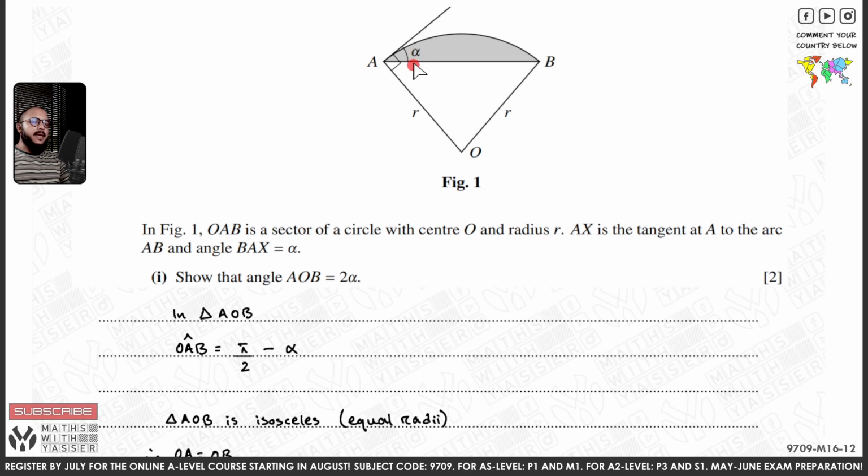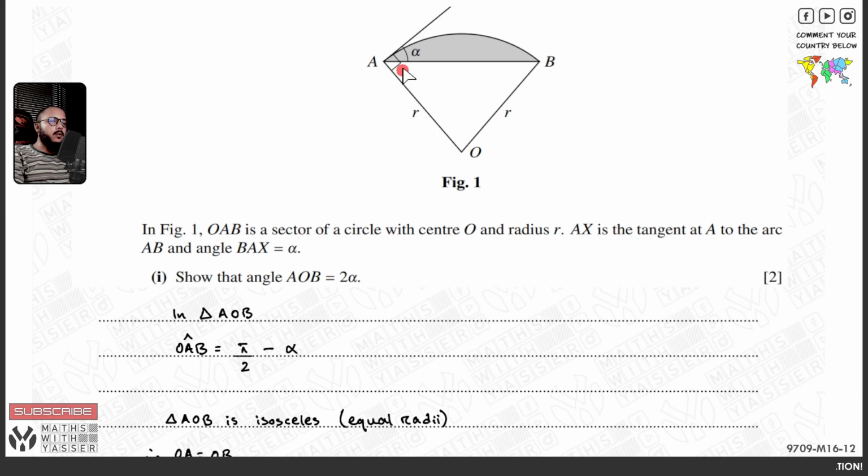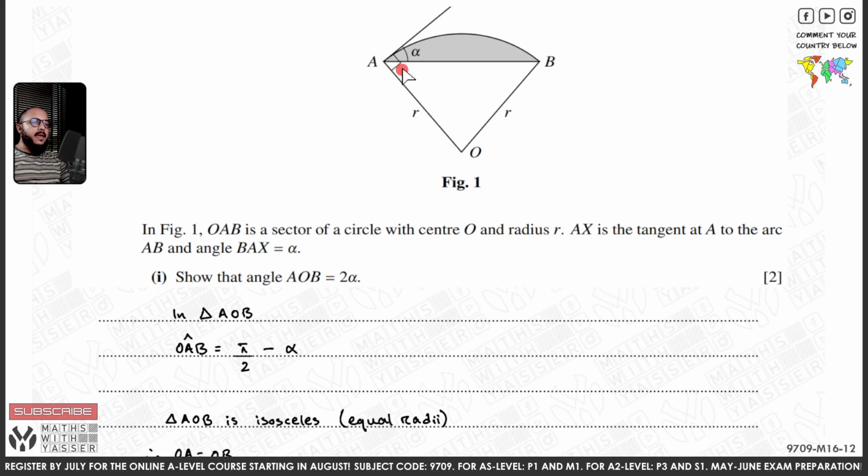We know that the tangent and the radius, since OA is the radius, will always meet at 90 degrees, and it is also given in the question. So I'm saying that angle OAB is pi by 2 minus alpha, and the triangle AOB is isosceles because these are the two equal sides.